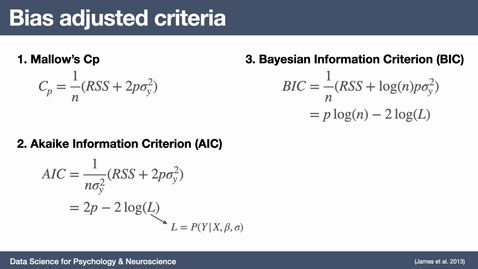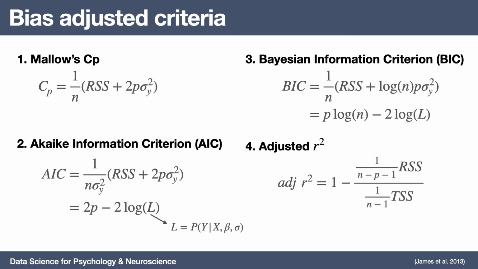A final bias-adjusted criteria is the adjusted R-square. This is a variant of the traditional coefficient of determination, except that you're adding in different degrees of freedom to the estimate. So the traditional R-square is 1 minus the residual sums of squares over the total sums of squares. But now you're adjusting your residual sums of squares by dividing it by n minus p minus 1.